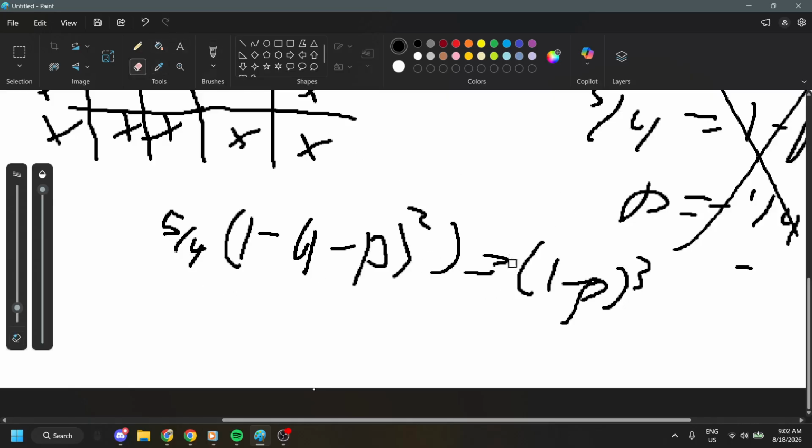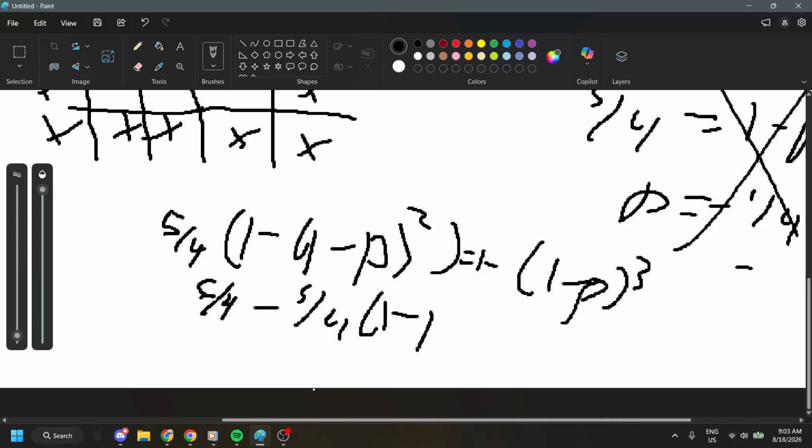So then we get 5/4 minus 5/4 times 1 minus p squared is equal to 1 minus p cubed.